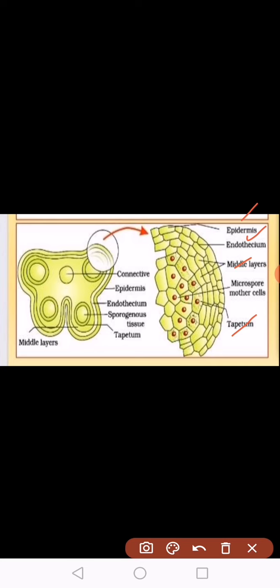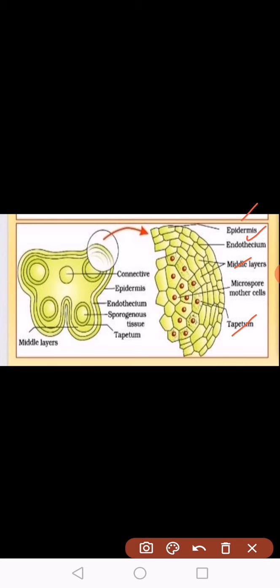They are epidermis, which is the outermost layer. Next to the epidermis, the second layer is called endothecium. Next to the endothecium, middle layers are present. And next to the middle layers, the innermost layer of the microsporangium, called tapetum, is present.